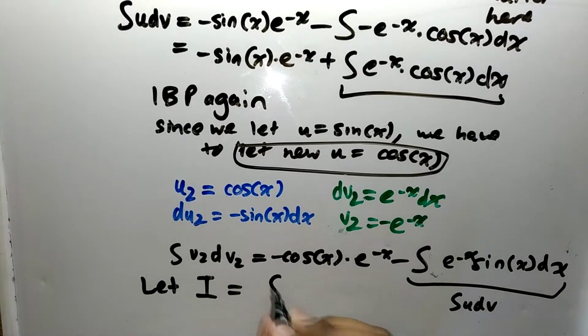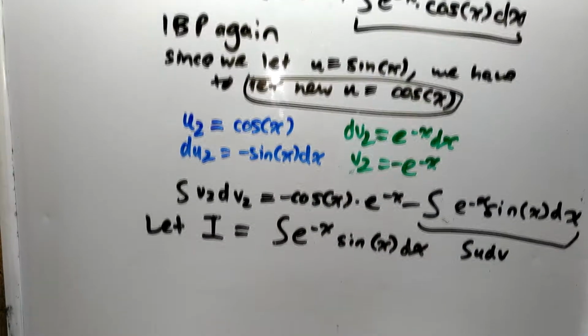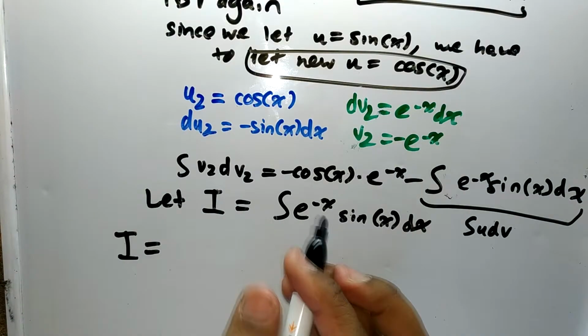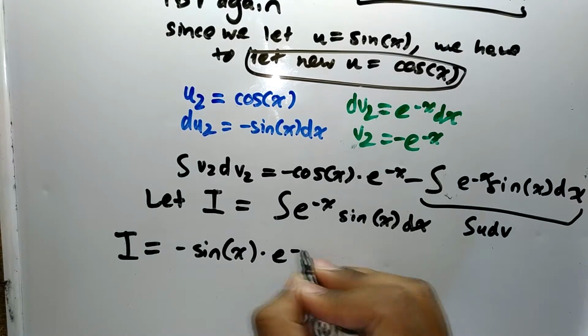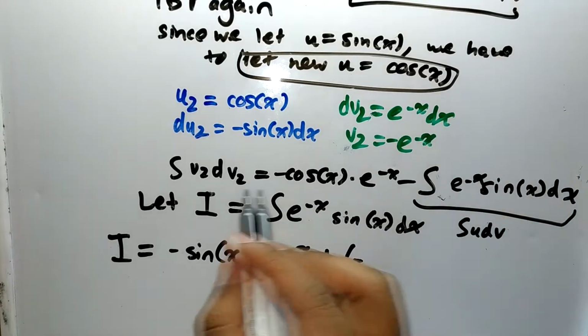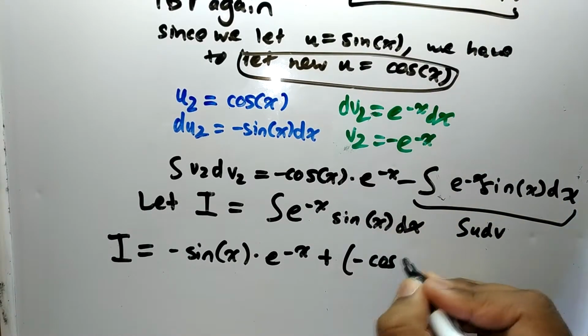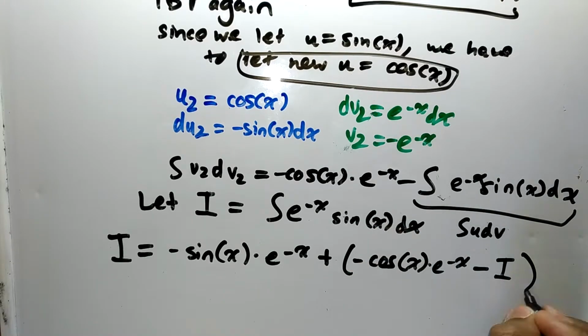So we can let our original integral equal some variable like I, and rewrite our original integral as I equals what we wrote before, so negatives here, I'm just copying down what we wrote before, and the integral that we just got, so it's going to be cos x times e to the negative x, and this is just I here.